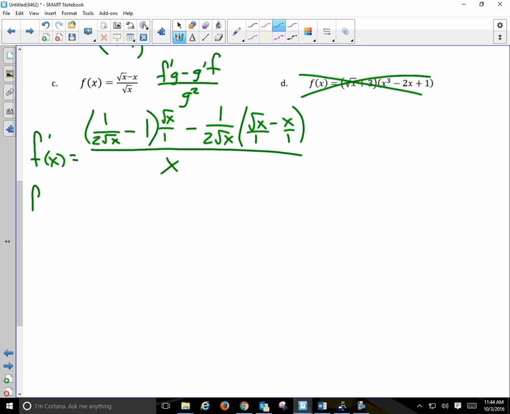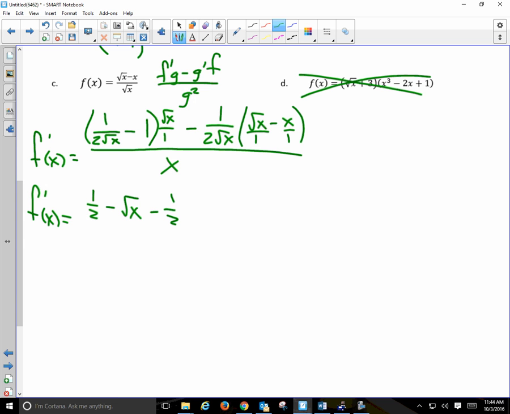So let's clean up that numerator. Here we're going to get the square root of x times this. The square root of x's will cancel, correct? So we'll get 1 over 2 minus the square root of x minus 1/2.